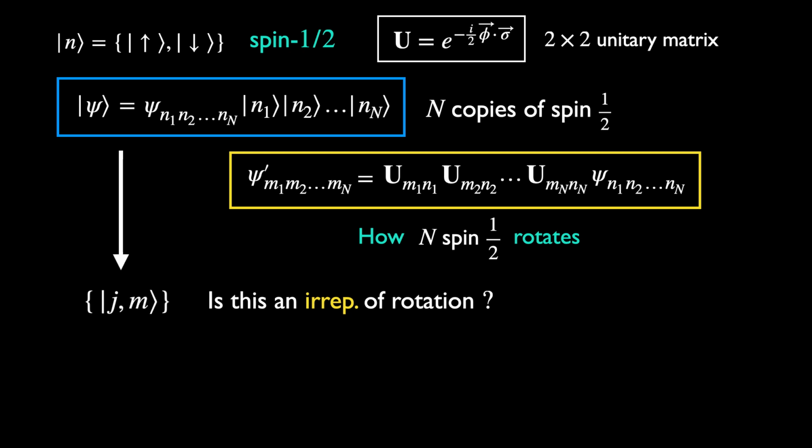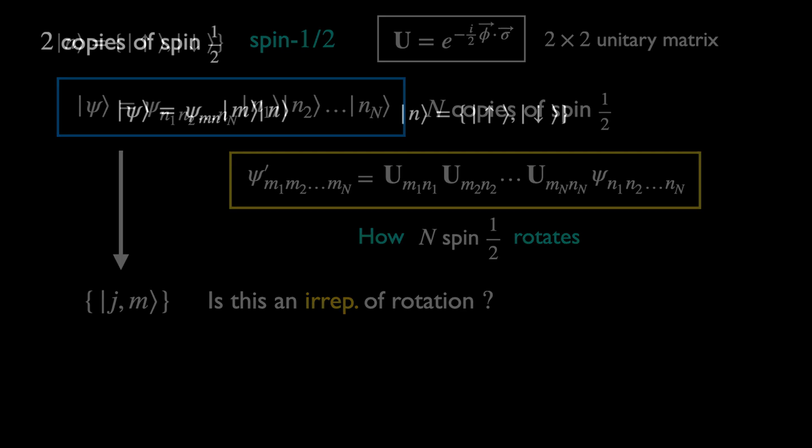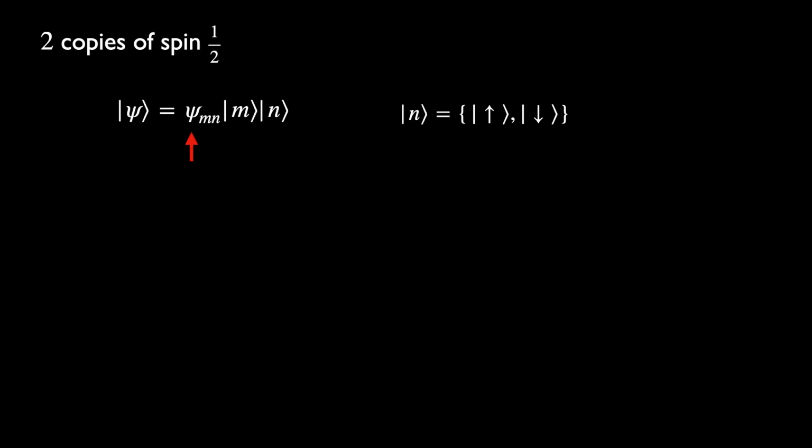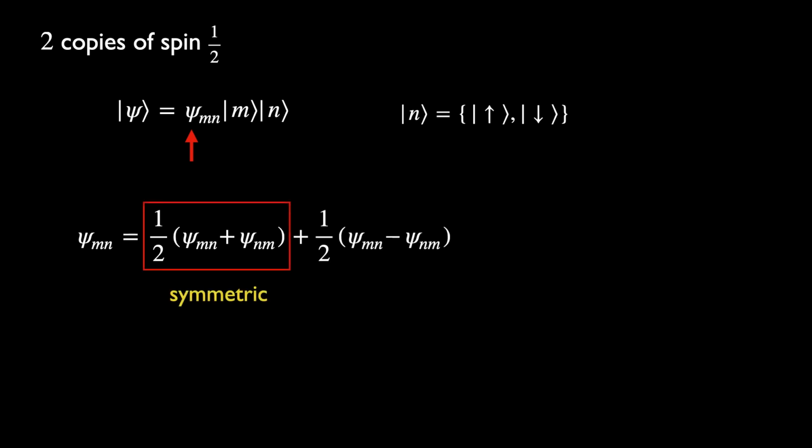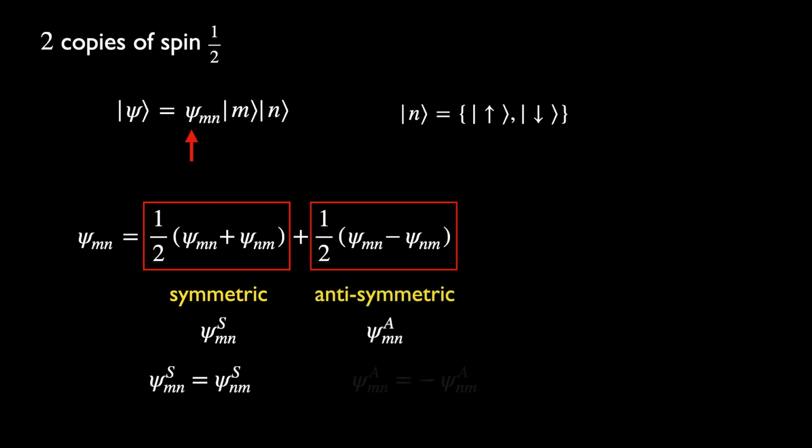To answer this question, let's first start with two copies of spin-half. It is a general fact that any two-index object can be written as the sum of two parts. One that is symmetric with respect to its indices, and the other anti-symmetric.